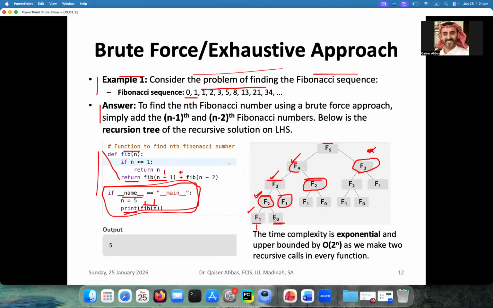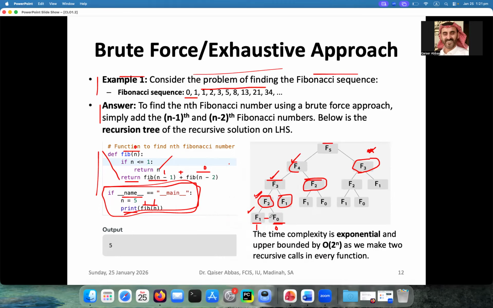And then when you call f0, and n is equal to 0, then 0 less than or equal to 1, yes, it is less. 0 is less than 1. Condition true, and then it will return 0. And then you will get 0 here. So for f0, you are getting 0.